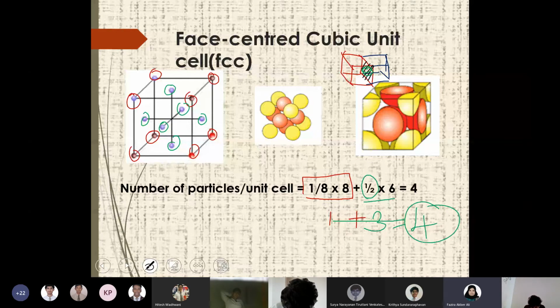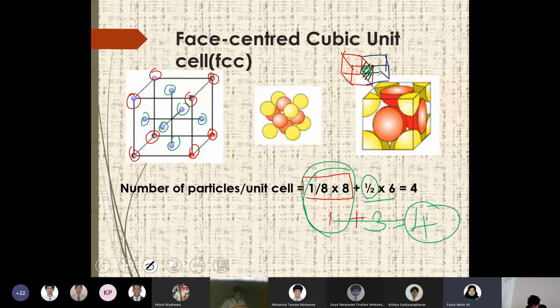So 1 by 8 into 8, that is fixed for all, so I am not repeating that. But in face centered, that is the FCC arrangement, there are 6 faces of the cubic arrangement. In all the 6 faces, there is a particle at the center. But the problem with that is these particles are not completely available to one unit cell because the faces are shared by 2 unit cells.